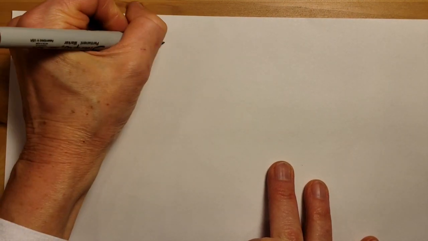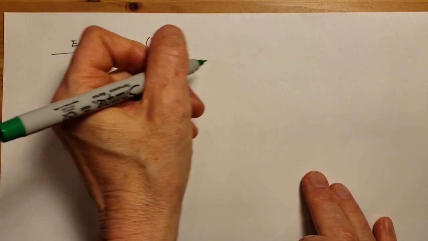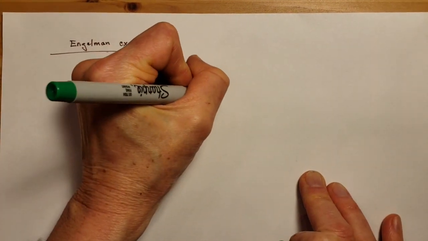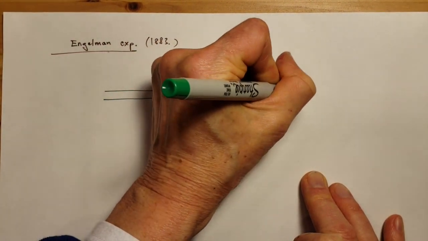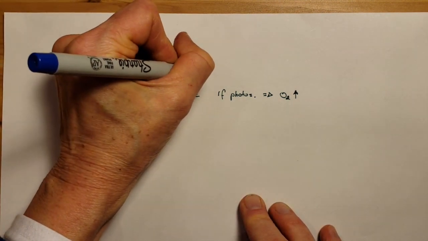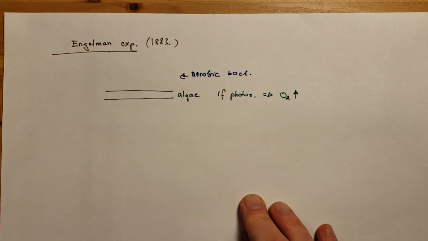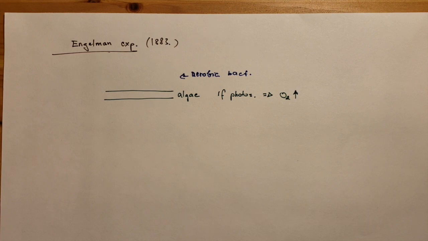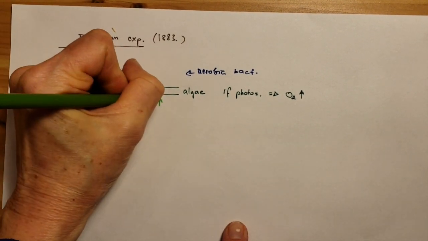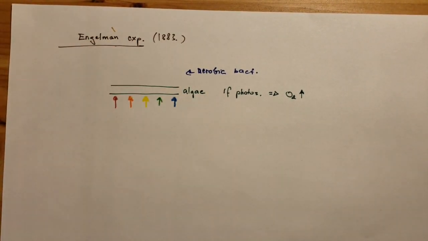Engelmann had an experiment in 1883, and he checked what kind of light the pigments absorb. He put algae in a row, and he said if photosynthesis happens, oxygen will be released. Aerobic bacteria went on the other side of the algae, and on the opposite side he used different lights to illuminate the algae.